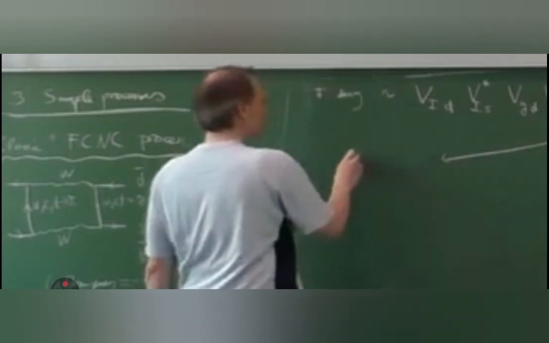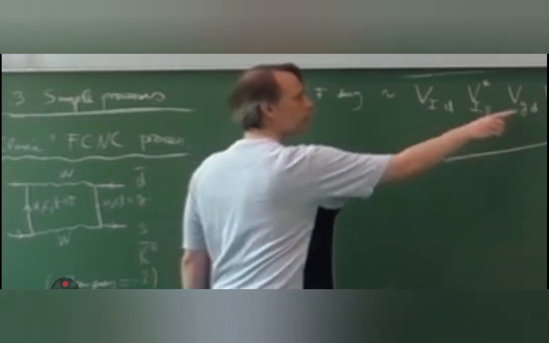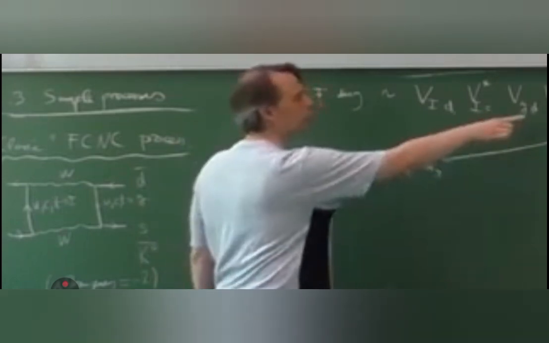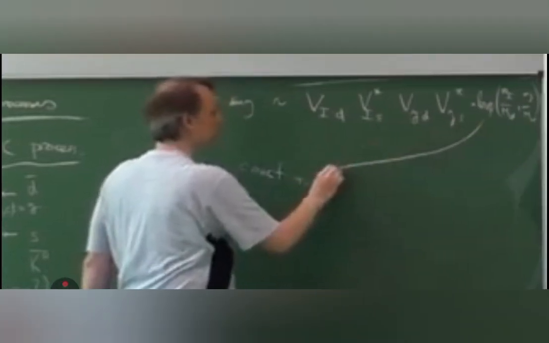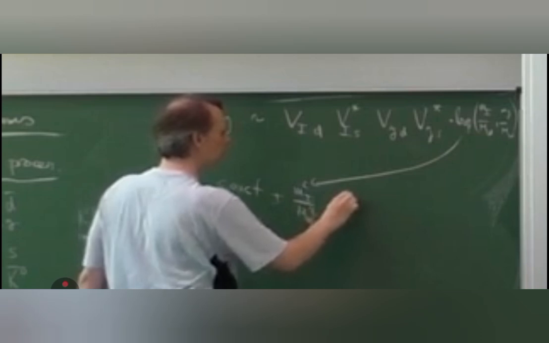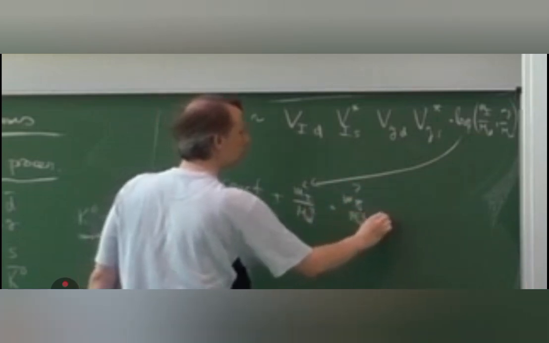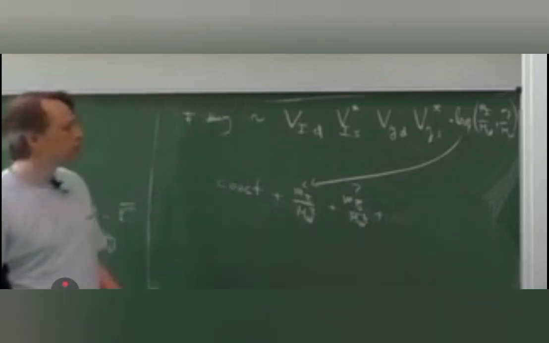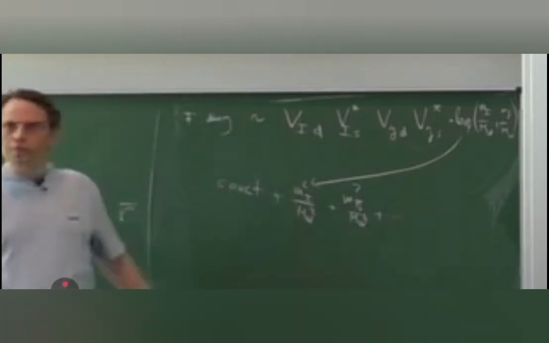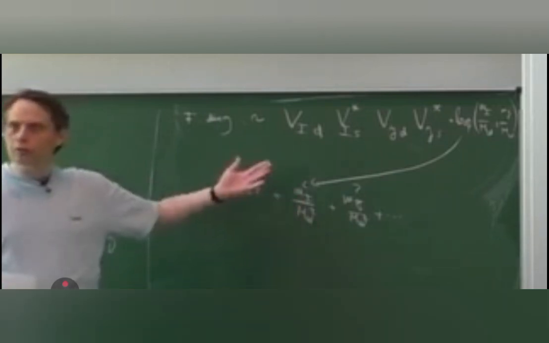And then we can approximate the loop function by a constant plus higher order terms in those small mass ratios. So typically, if you have some experience, you know that it will depend quadratically on the masses, m_i squared divided by m_W squared plus m_j squared divided by m_W squared plus higher orders. And the constant term, which is not suppressed by the mass ratios, cannot depend on the indices, because otherwise it would be suppressed.